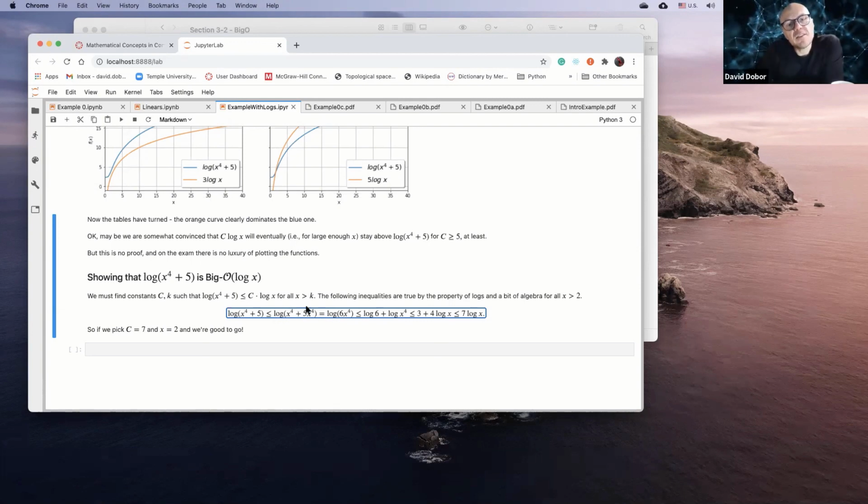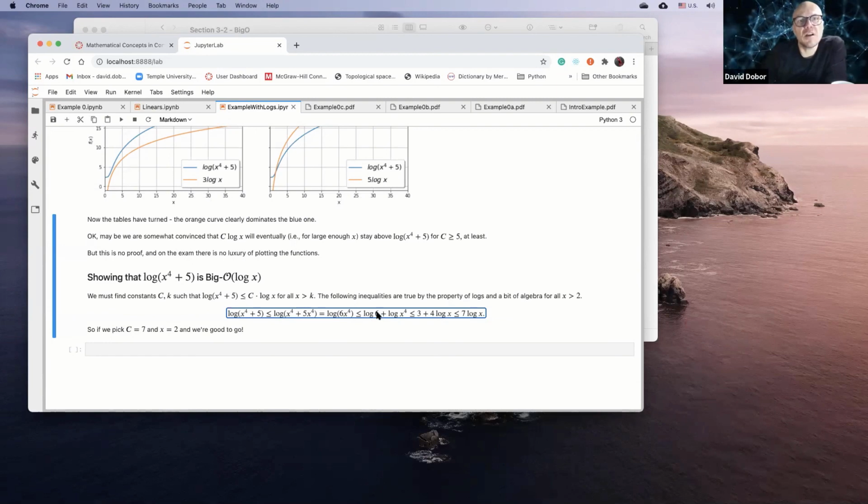So inside the argument, you have 6 times x to the 4th. But log of a times b is log of a plus log of b. So that's log of 6 plus log of x to the 4th. Now log of 6, well, log of 8 is 3, so log of 6 is something smaller than 3.